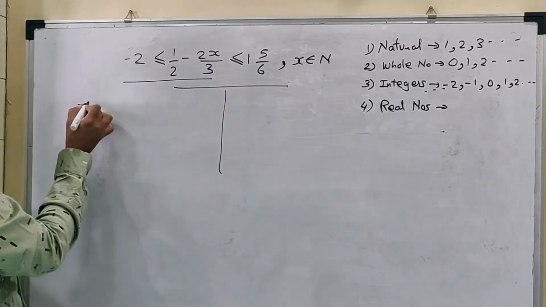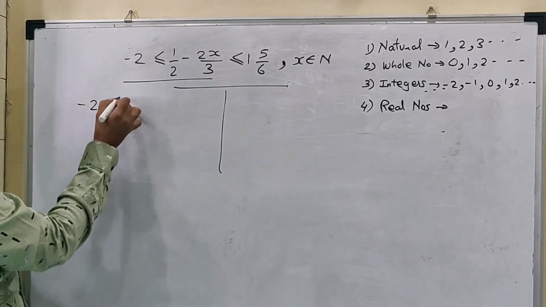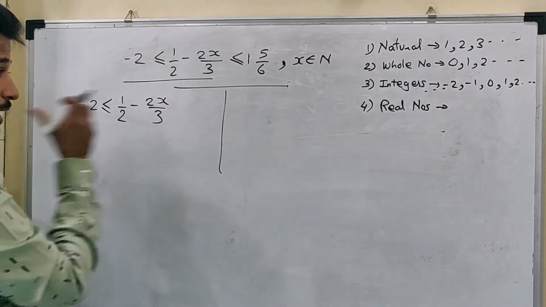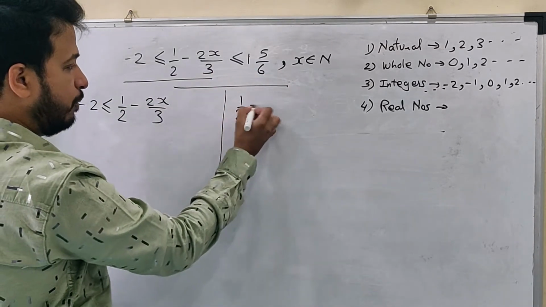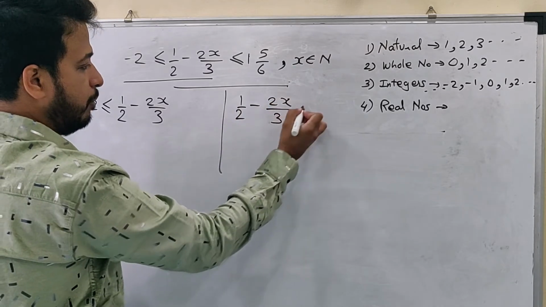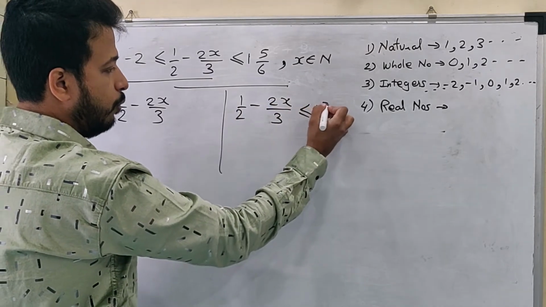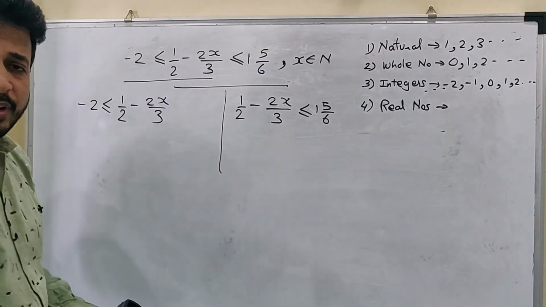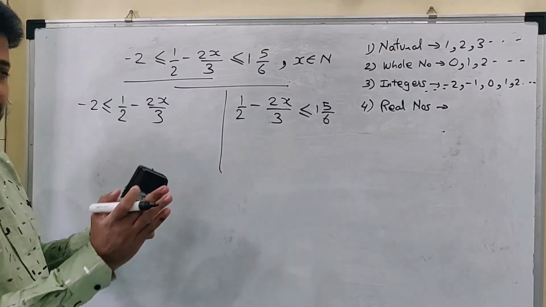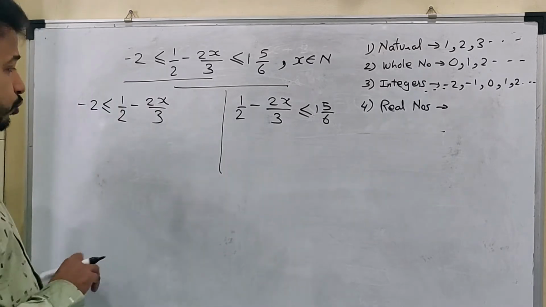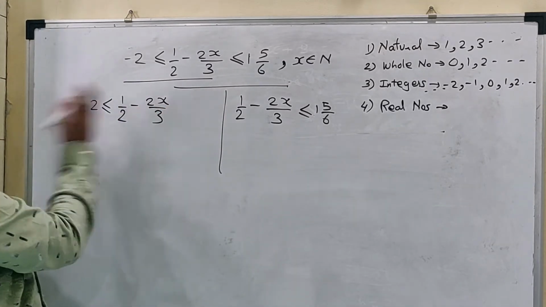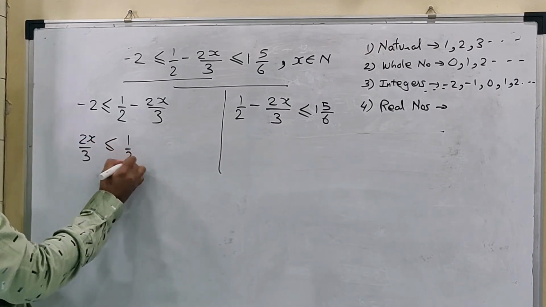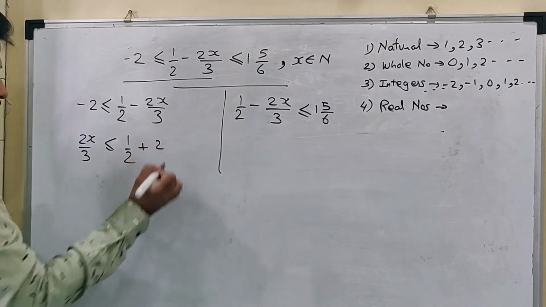So here I can write it as minus 2 less than or equal to 1 by 2 minus 2x by 3, and this side it will be 1 by 2 minus 2x by 3 less than or equal to 1 5 by 6, as we did in the previous one. I took x terms on one side and my numbers on the other side. So I'll take this x term on this side and I'll take my number on this side, correct?